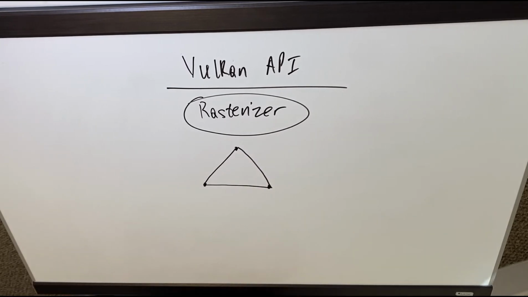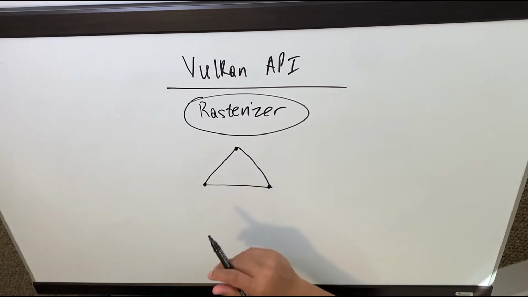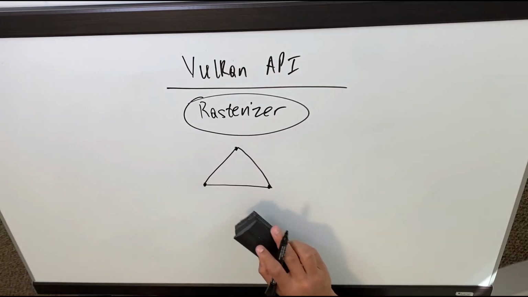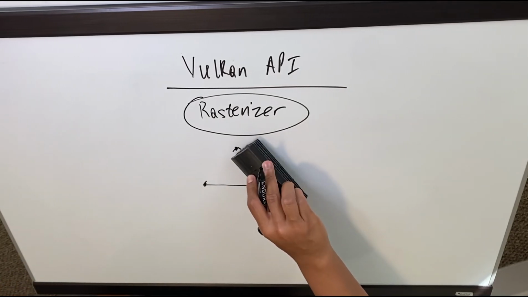And then with the triangle, you could do certain things, like you could say, okay, connect these vertices via a line, right?